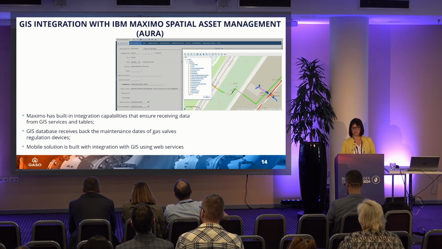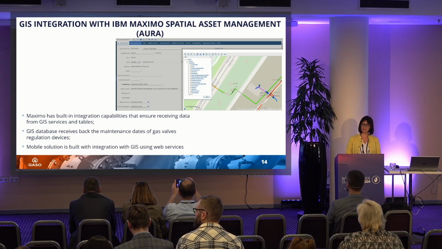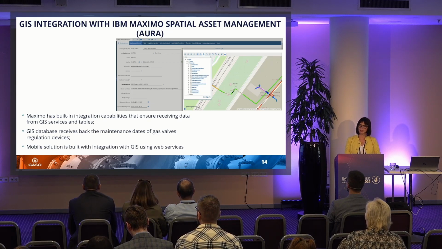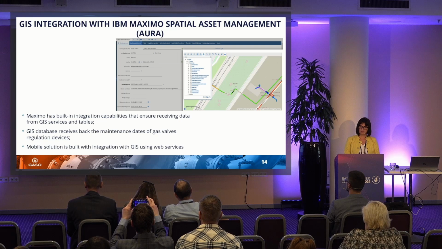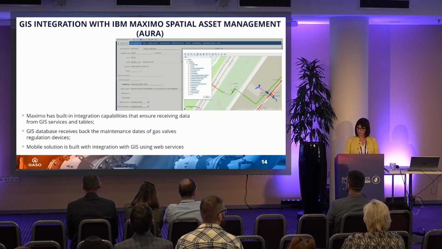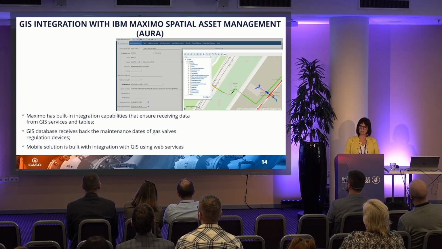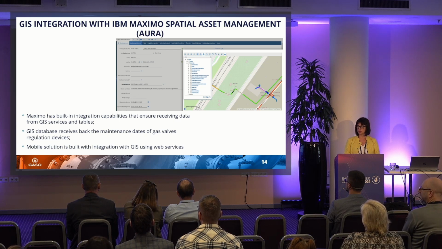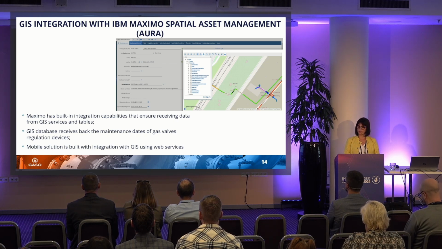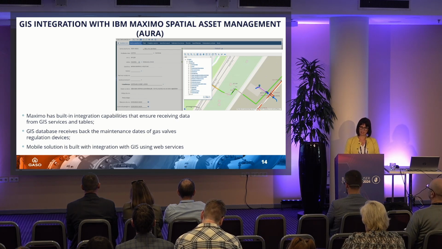So last but definitely not least, this is the integration with IBM Maximo. Maximo has built-in integration capabilities that ensure it receives data from GIS; it gets something around 800,000 assets from us, and the mobile solution is built with the integration with GIS using web services.